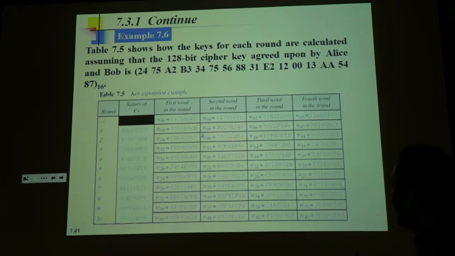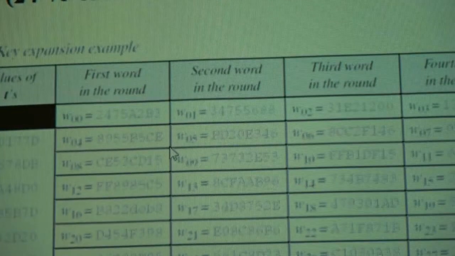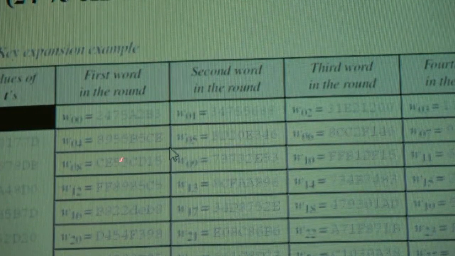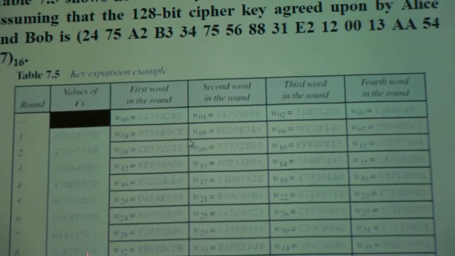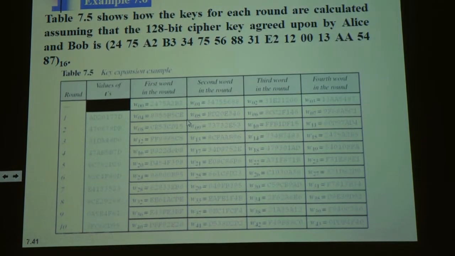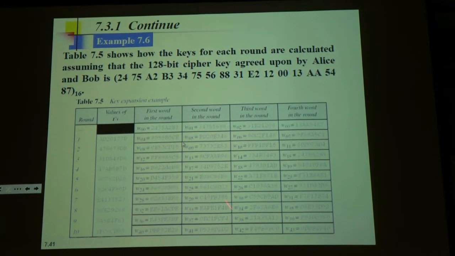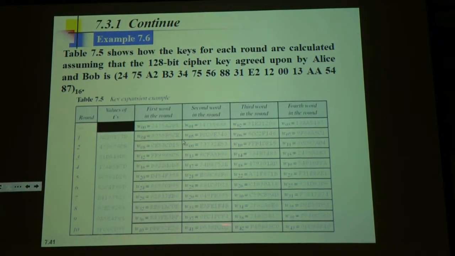For example, word number 5 equals what? XORing the word above it with the word before it. But for the first one, we have to calculate the temporary keys. As you go all the way to the end, that's the key for round 10, that's the key for round 9, that's the key for round 8, and so on and so forth.